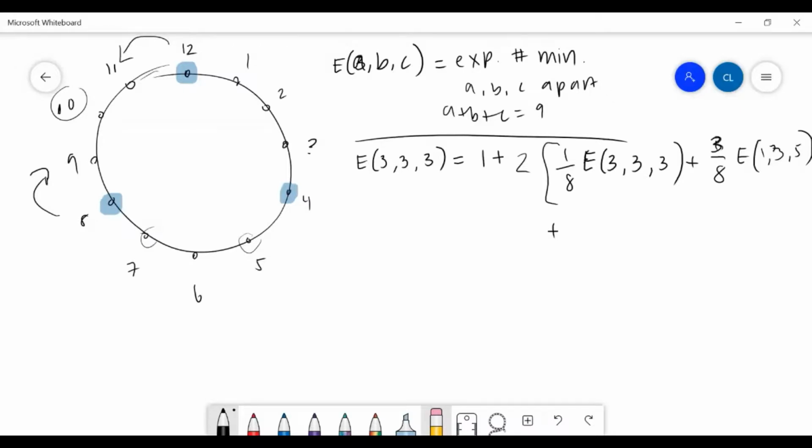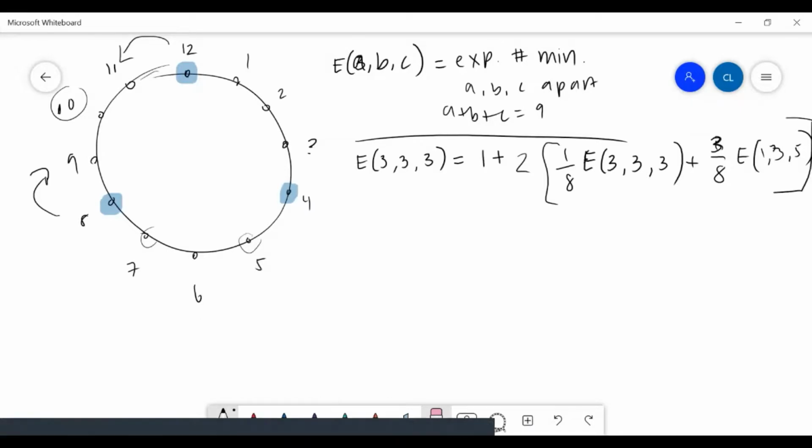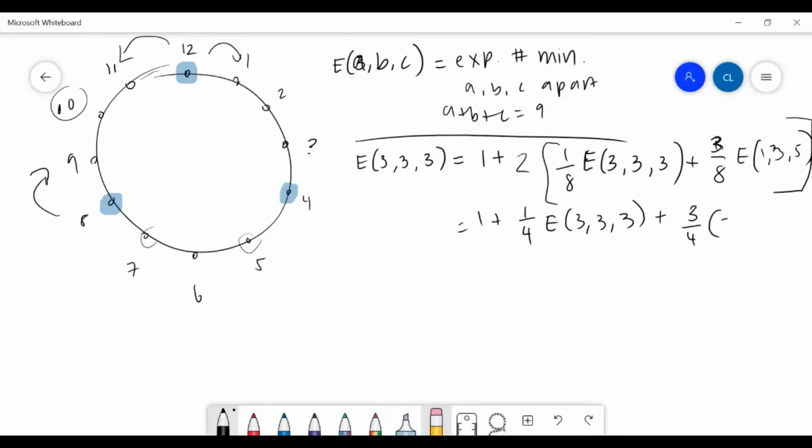So that means, remember we multiplied by 2, if 12 goes to 1, this is plus 1/4 E(3,3,3) plus 3/4 E(1,3,5).